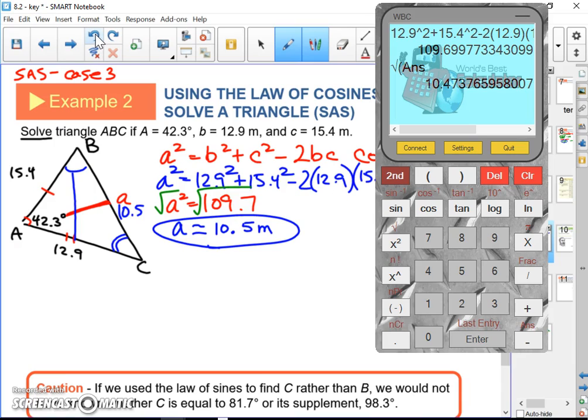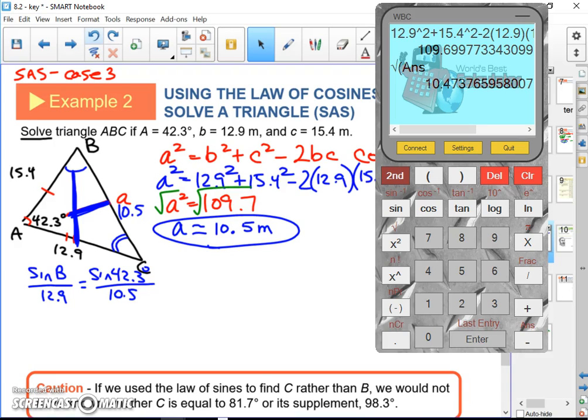The key for that is, again, this relationship between angle and side. We're going to say sine of angle B over 12.9 is equal to, and we already have a partnership established over here with A, sine of 42.3 degrees over 10.5.